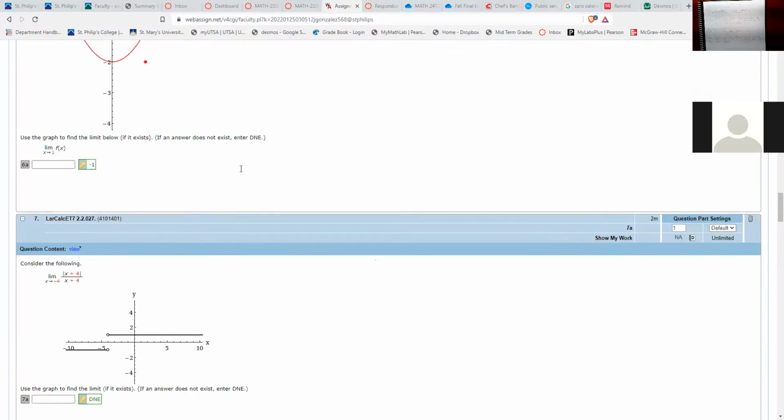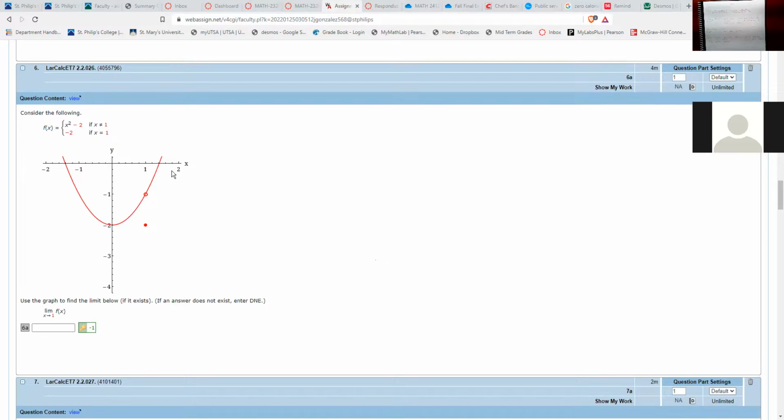Number 6. Let's see here. Number 6 is asking you to find what's happening as x approaches 1. So here's 1, right? Here's the x value. You always look at this. As I get closer and closer to 1, my y values are going to -1 from the right side. From the left side, it's going to -1.